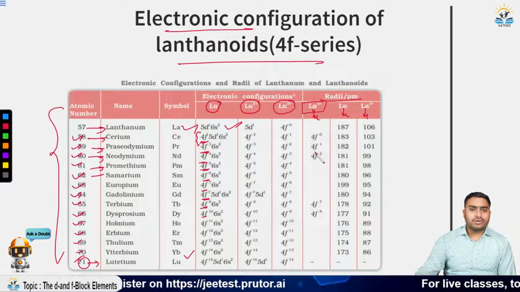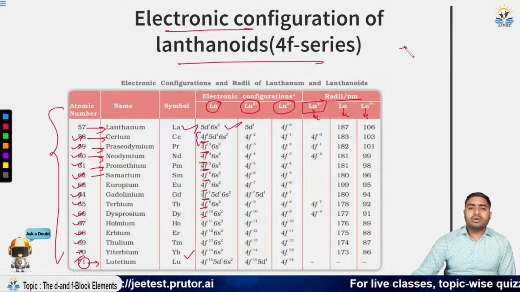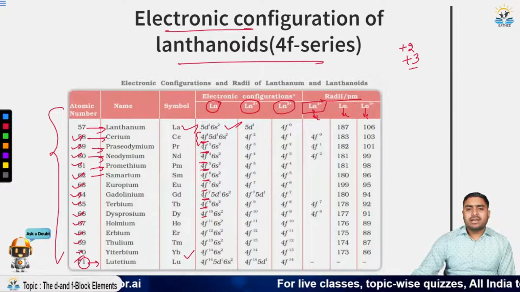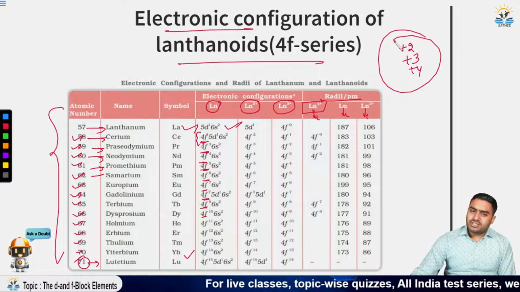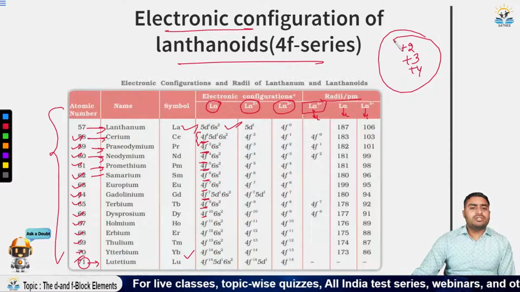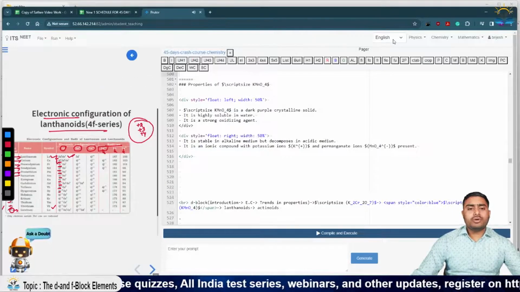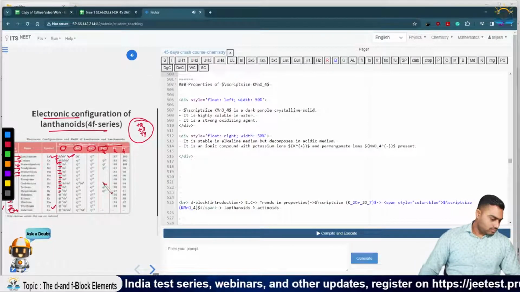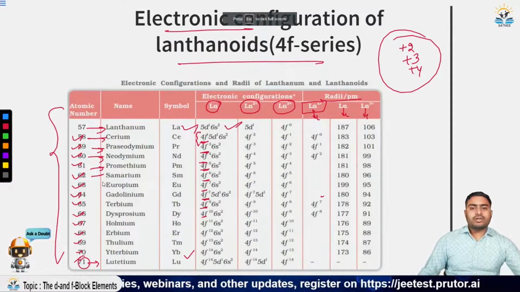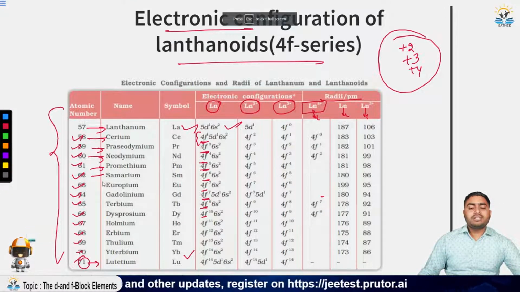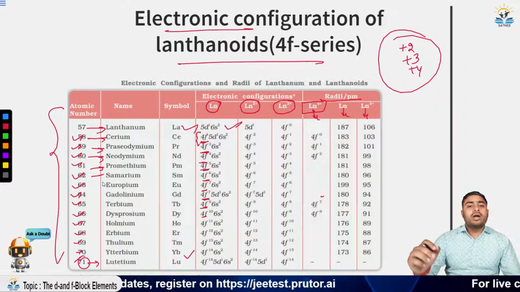What you can observe from this electronic configuration are the +2, +3, and +4 oxidation states. These are the common oxidation states of the lanthanoid series.